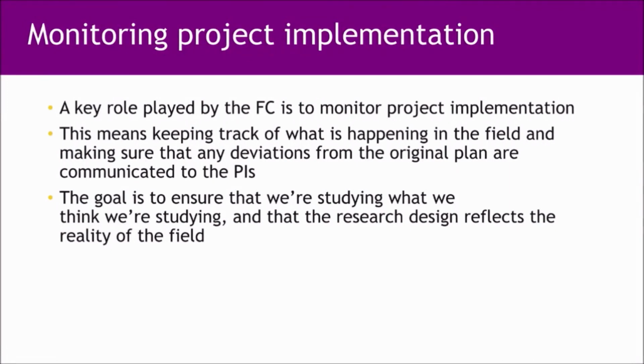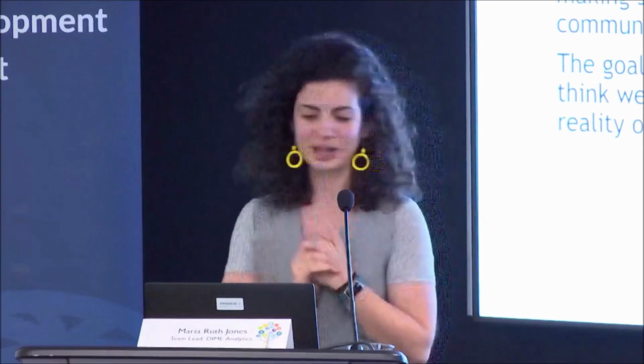That means that usually when we are thinking about an intervention and designing a way to study that intervention, we have an ideal world in mind where we see, oh, this is going to happen at this time, and all these people are going to participate, and all these other people are not going to participate. But we know, I expect everyone here knows, that things don't always go according to plan, and that plans can change, and that is fine.